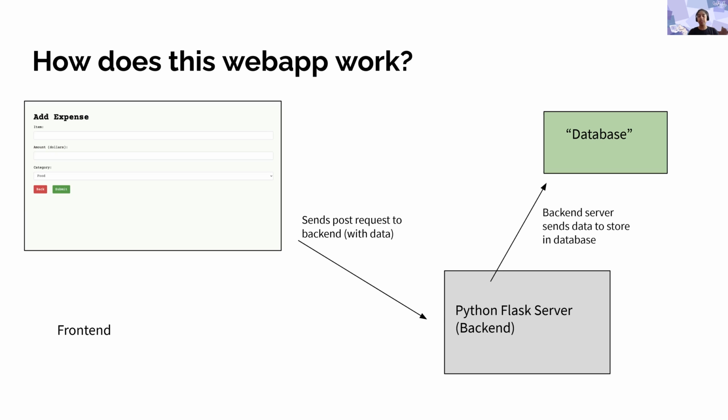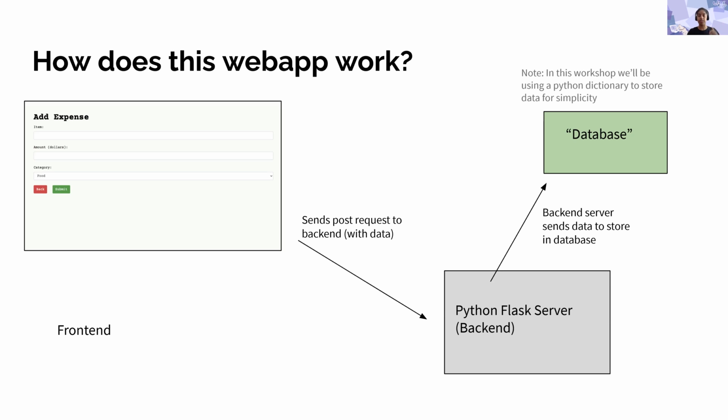And then basically the back end connects with a database. In this case, we're not going to be using an actual database, but you could definitely replace it with any cloud database or a local one. We're going to be using a dictionary, your average Python dictionary, but that can be substituted.